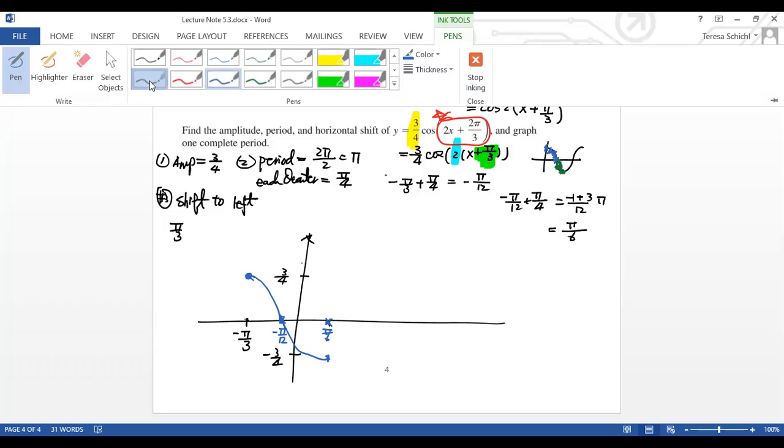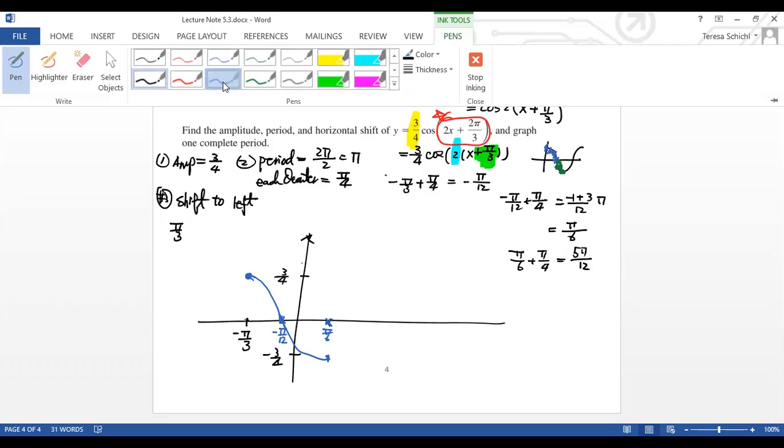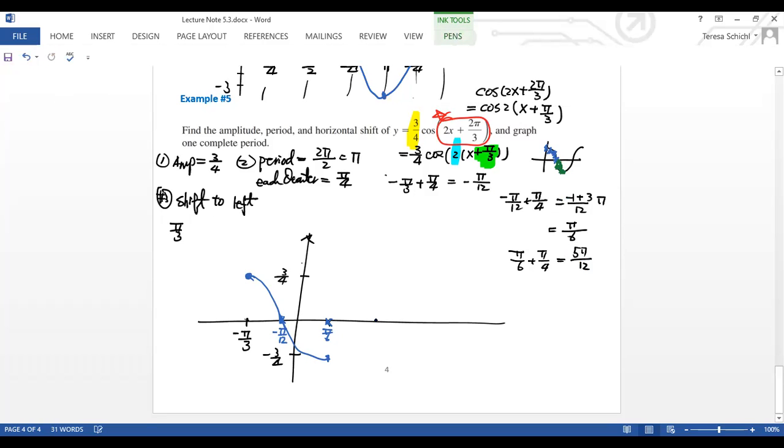That will be pi over 6 plus pi over 4. So what do we have here? We have 5 pi over 12 here. So you say, hey, I'm going to here. This is 5 pi over 12, right? That means your graph goes up here.